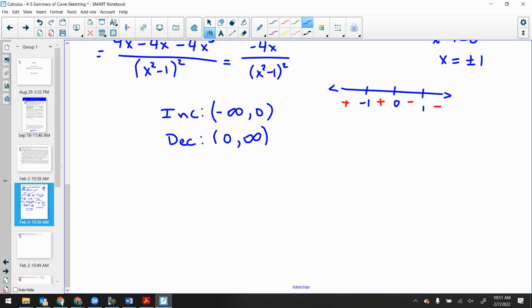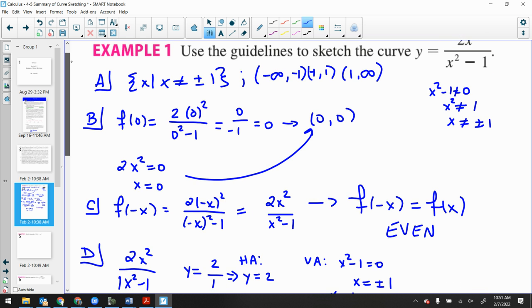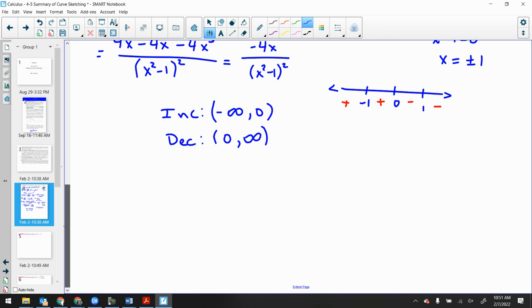No. Which makes sense, because is negative 1 or positive 1 part of the domain? No. We have to always think back to our original statement about the domain: I can't have positive 1 or negative 1. So I could have thrown these out right away. They can't be maximums or minimums, because they're not part of our original domain.